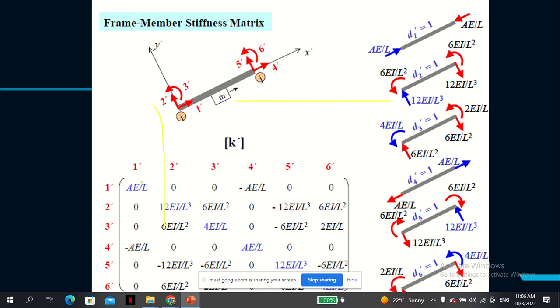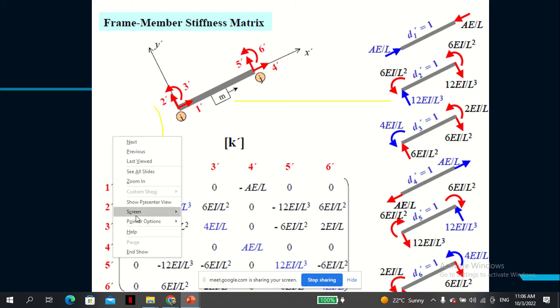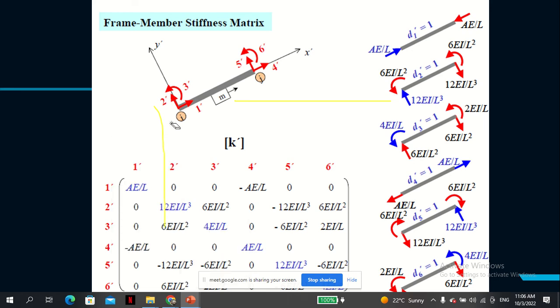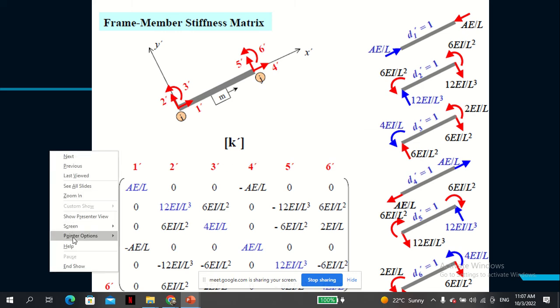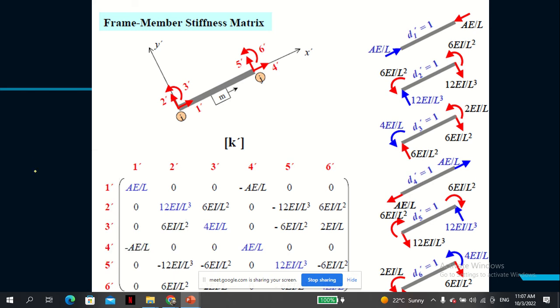So this was just an example. The structure is not vertical. So for this case we have what is called local, because it only refers to a separate individual member, because this structure can consist of many.